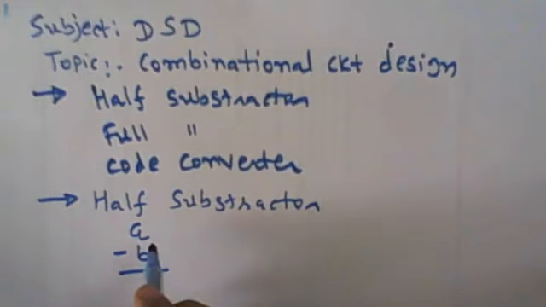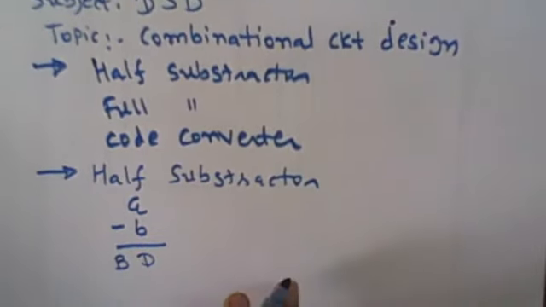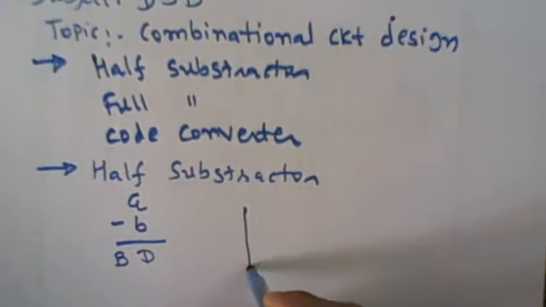In the half subtractor, if you subtract one bit minus another bit, it has the difference and the borrow bit. So it requires two output variables. One is the difference and another is the borrow.